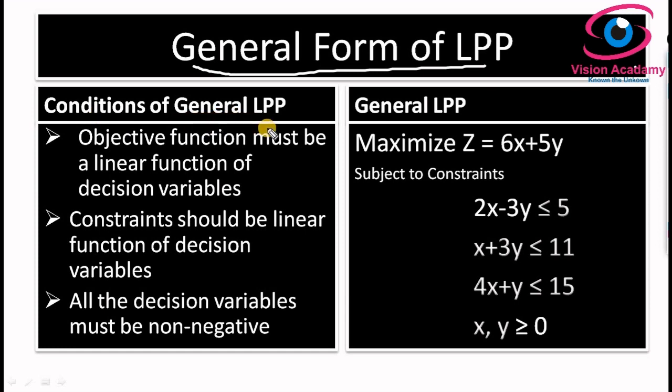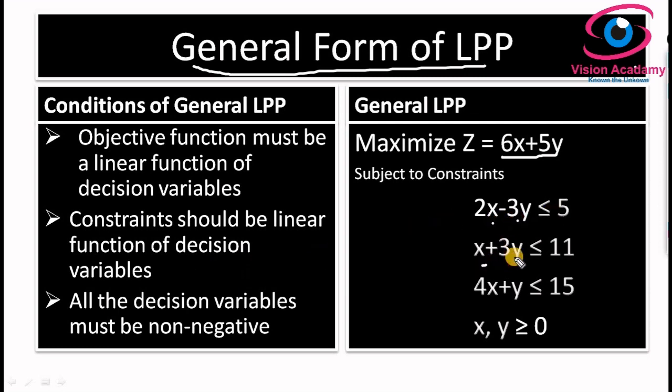Then what are the conditions for the general form of linear programming? The objective function must be a linear function of the decision variables x and y. The constraints should also be linear functions of the decision variables x and y.